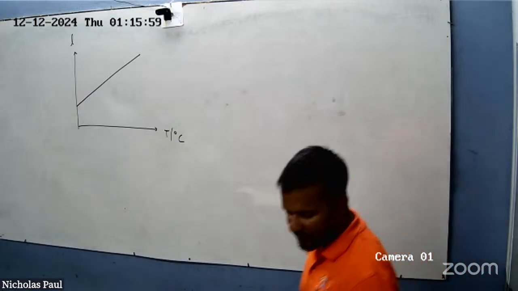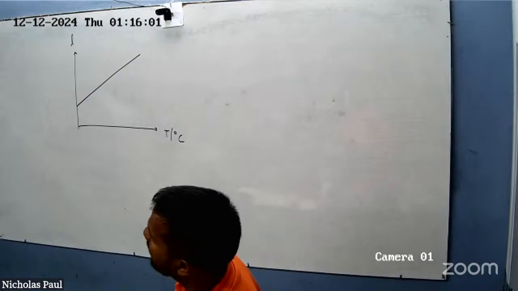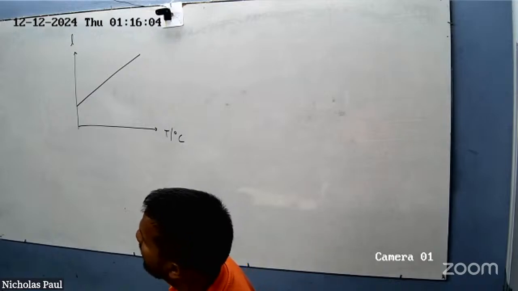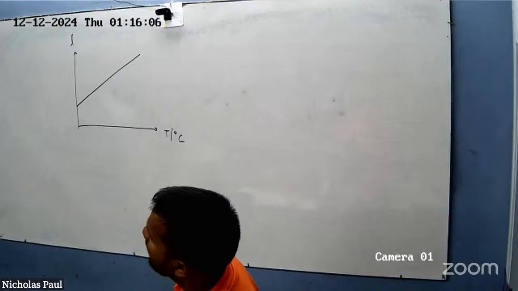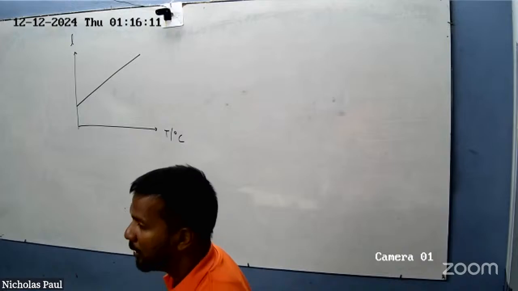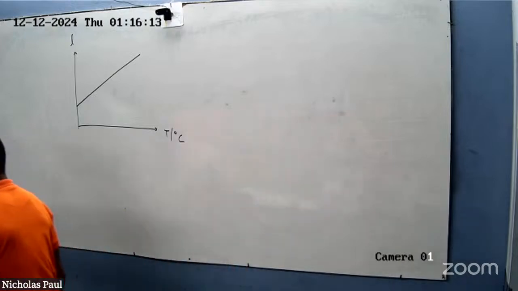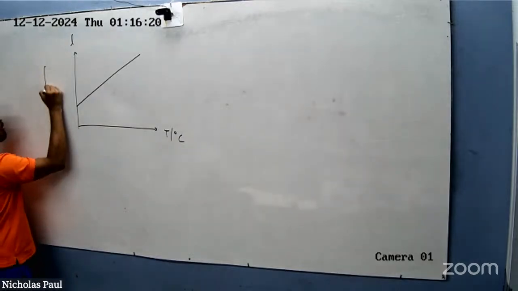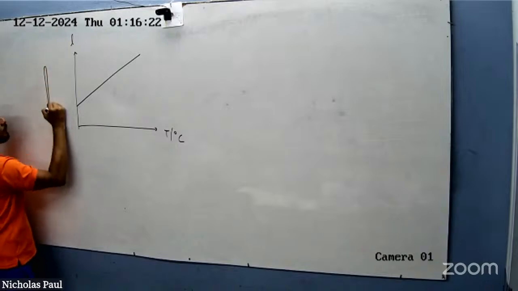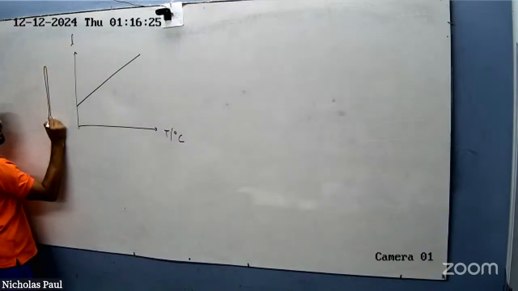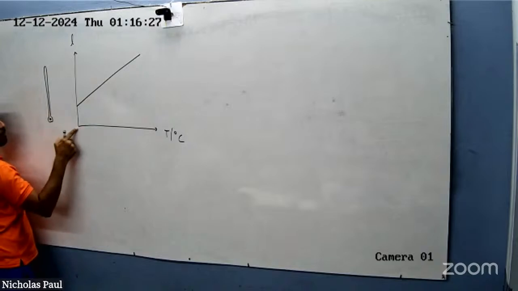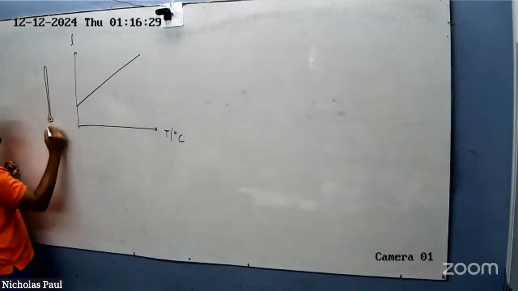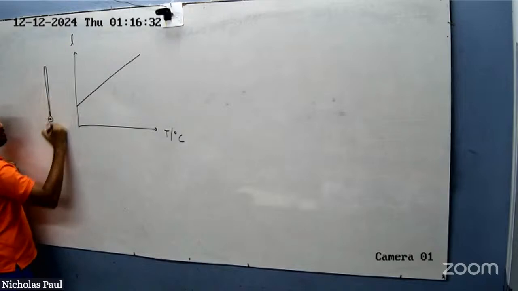All right, so let's take a look at this here. We're taking a mercury-in-glass thermometer and taking some readings for how much the mercury expands. So we have mercury in here and we're going to place it at different temperatures, and we want to see how much the mercury will expand.